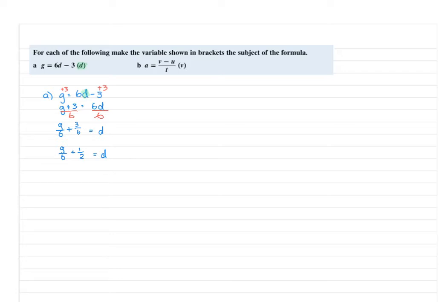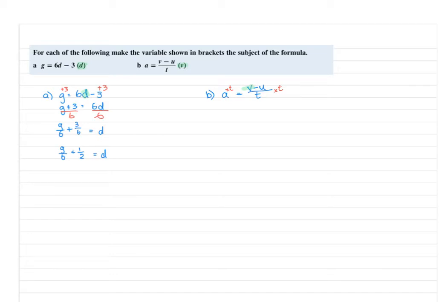My second equation B, I have A equals V minus U over T. In this case, I need to make V the subject of the formula, so I need to get V by itself. Well, let's start by multiplying both sides by T to get rid of that denominator.